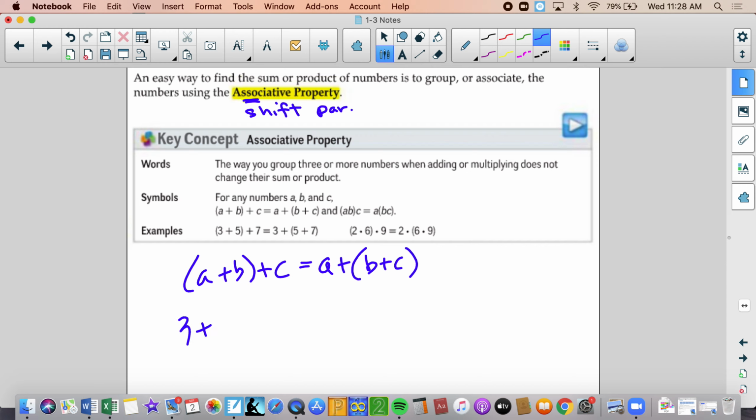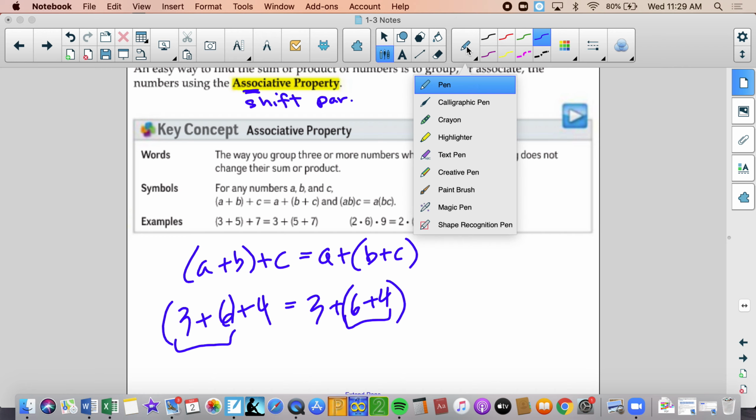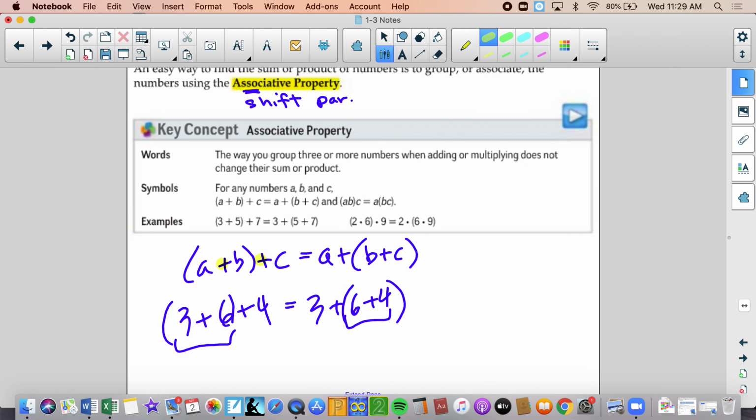If we have 3 plus 6 plus 4, order of operations tells me to do these first, but I'd much rather add 6 and 4, because that equals 10, and that's a little more friendly as my first step. So the associative property tells me to shift those parentheses as long as it's addition across all of them. It only works if you have addition for all of your steps.